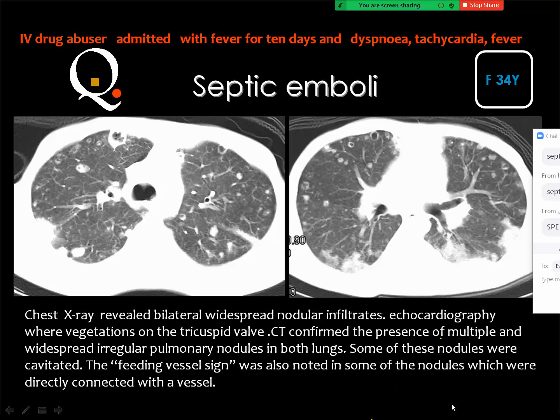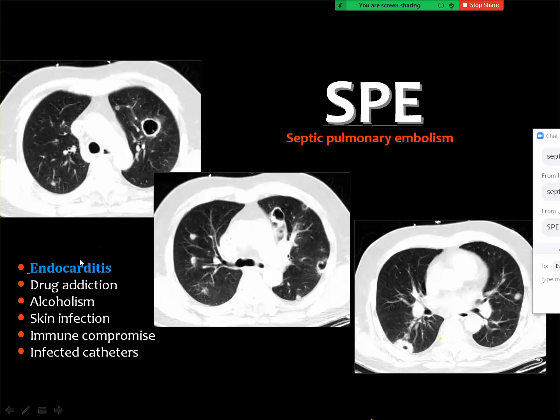You know, one of the most common causes is endocarditis, bacterial endocarditis, and drug addiction. This is one of the leading factors in the history to predict this appearance. But whenever you are not provided with the clinical data, at that time you give the differential diagnosis of multiple cystic-like pulmonary nodules, or cavitating pulmonary nodules.